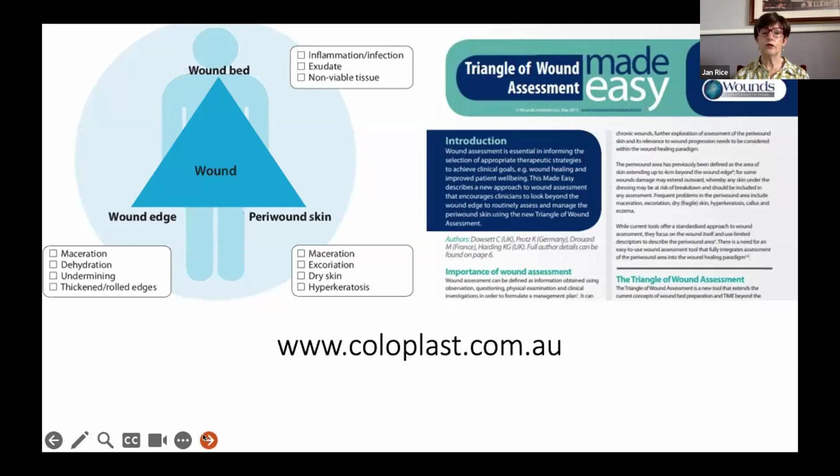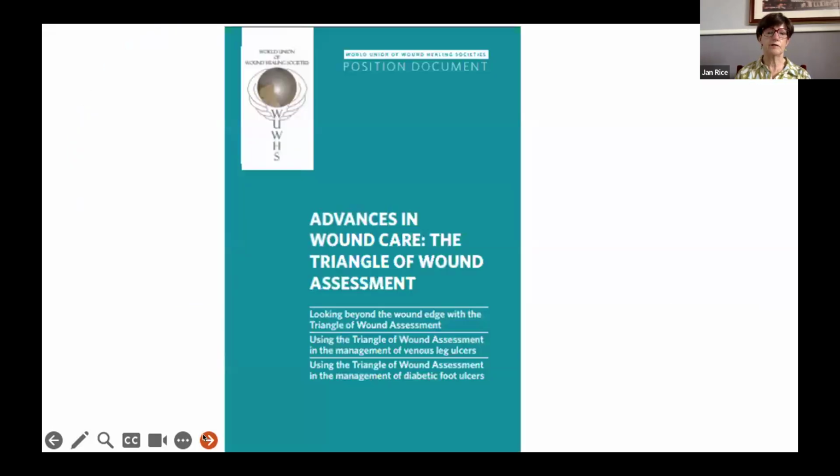But then it also goes on to talk about the various classifications of wounds in the leg ulcer section and the pressure injury section. This document's from the World Union of Wound Healing Societies, but available on the Wounds International website. And it's very similar to the document that I just showed you from Coloplast.